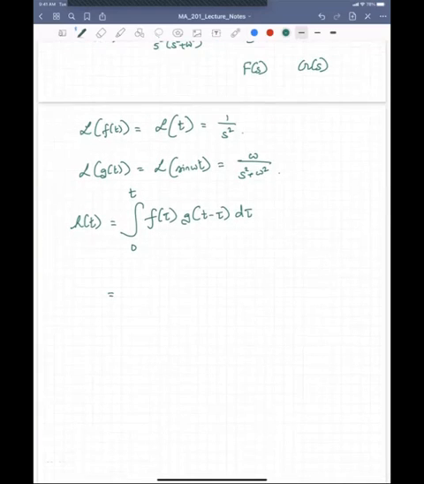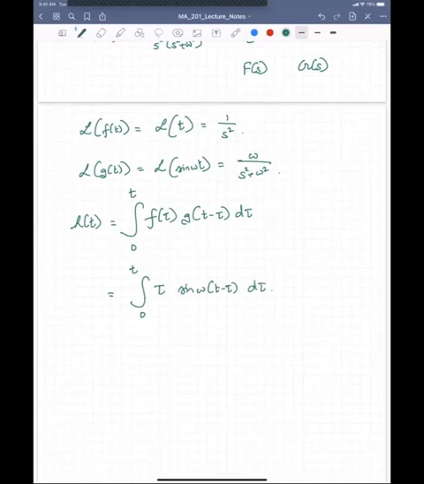F(t) is t, which means f(tau) is tau. G(t) is sine omega t, so g(t minus tau) is sine omega (t minus tau) d tau.